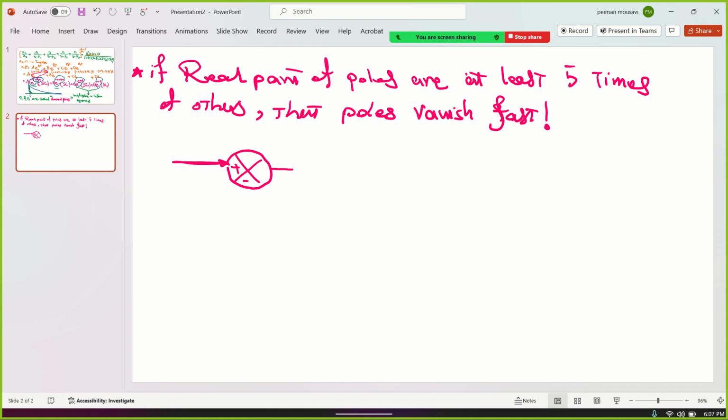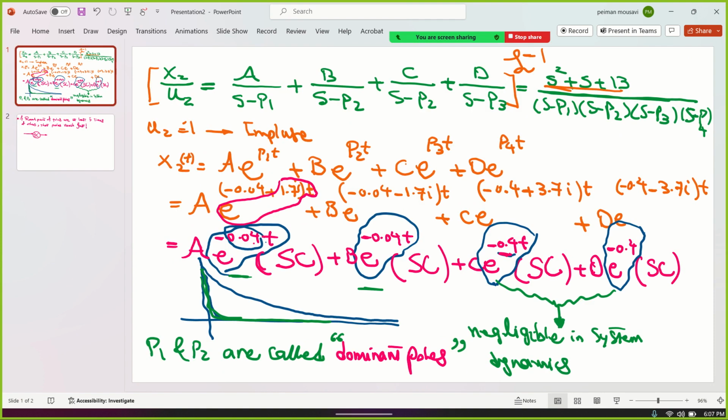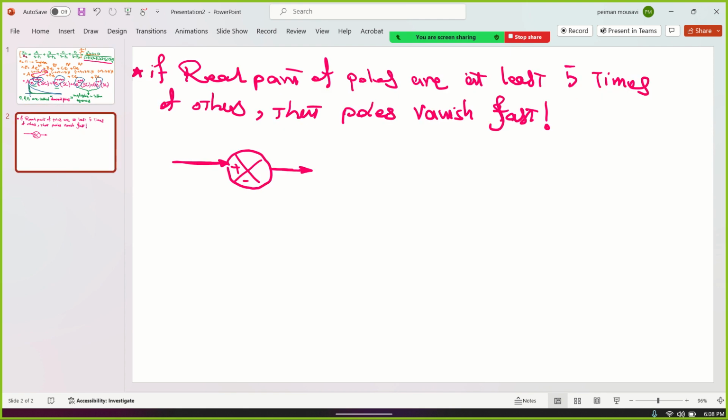This u over x is the open loop transfer function, because this is from the actuator. Suppose you want to keep the mass at 0.1 meter per step function.